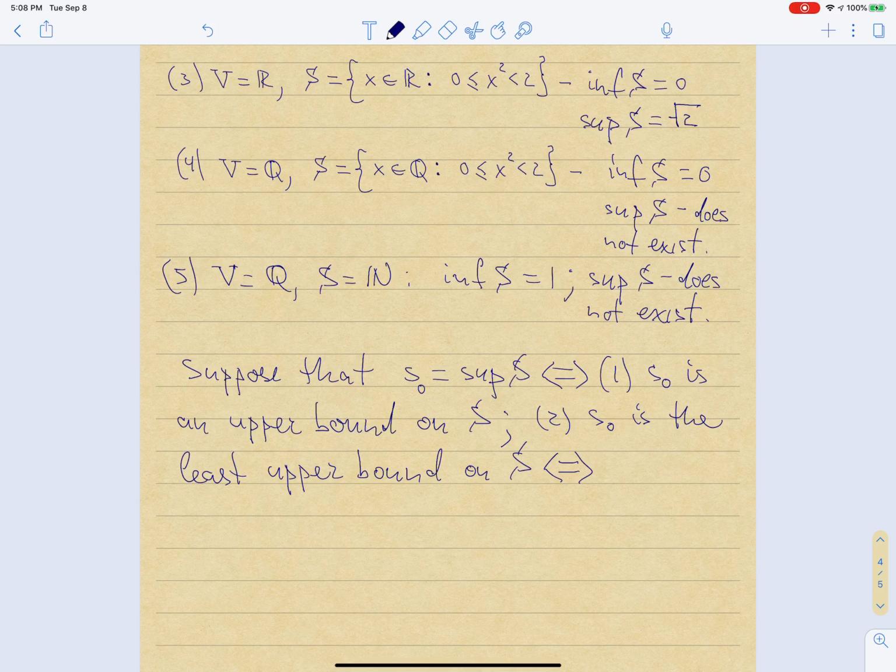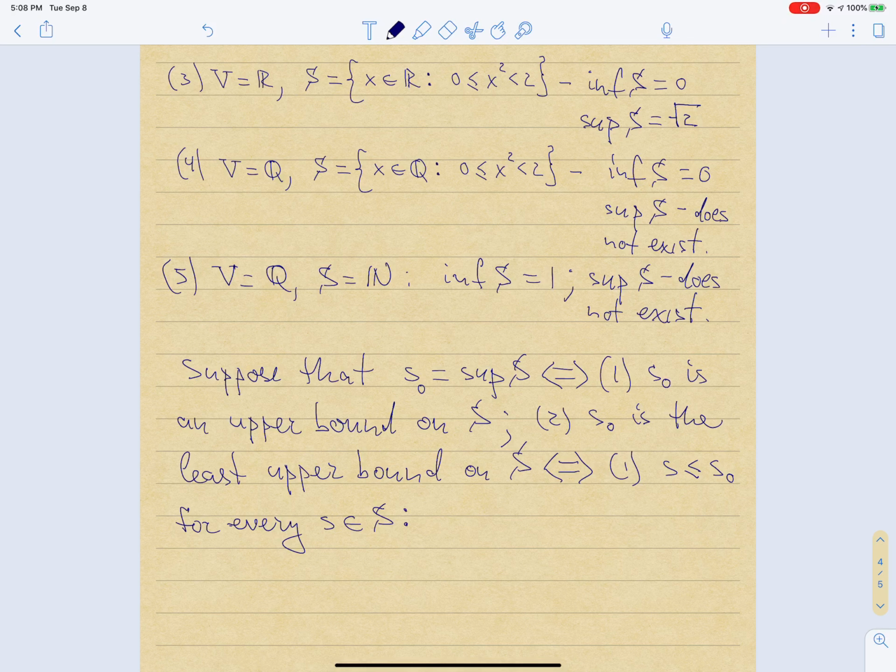S0 being an upper bound on S means that s is less than or equal to S0, than my upper bound, for every s in capital S. It just means that S0 is an upper bound.